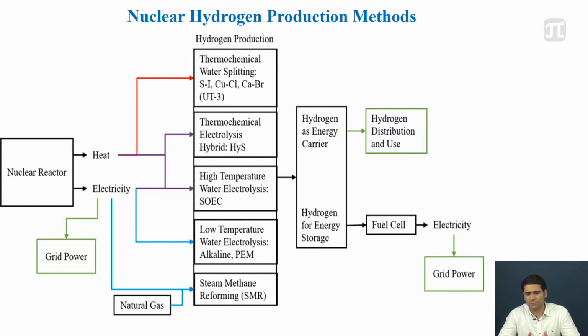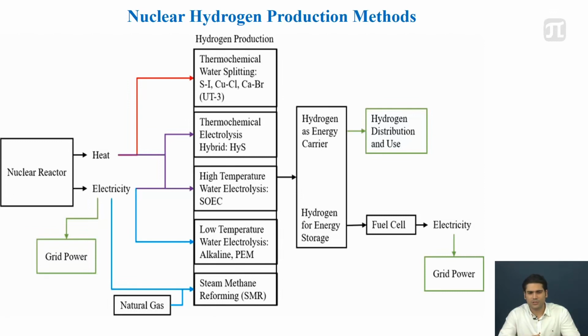So it's a very good option because we know that electricity is more expensive than heat. So if we consume heat to increase the temperature of water and consume less electricity, it's a very good option, and it's a very positive point for us.